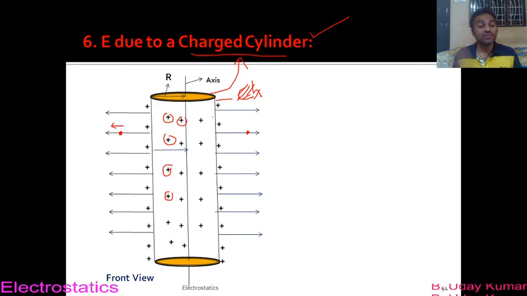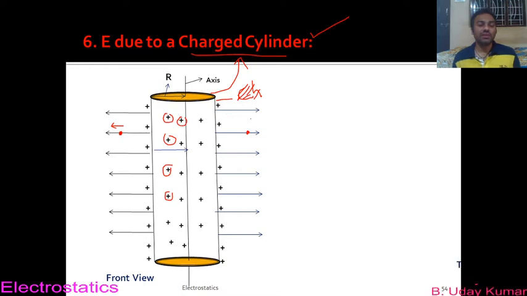Hence, to know the direction of electric field intensity, you need to understand the direction of electric lines of forces in our system. This is the charged cylinder as it looks when we see it from side or front.